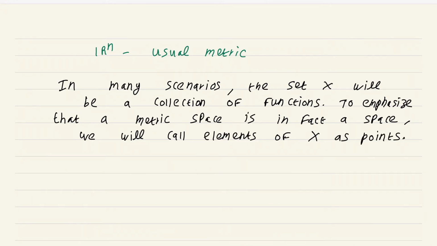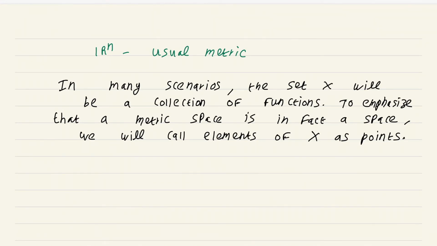Okay, so the set X we will always call a space, and the elements of X we will call points. This geometric terminology serves both as a psychological aid in digesting several abstract concepts, as well as an encouragement for you to draw pictures, however primitive and inaccurate they might be. So these pictures will allow you to visualize the concepts. Now I accept that it's very difficult to draw a collection of functions, but you just draw rough pictures treating each function as just a point.